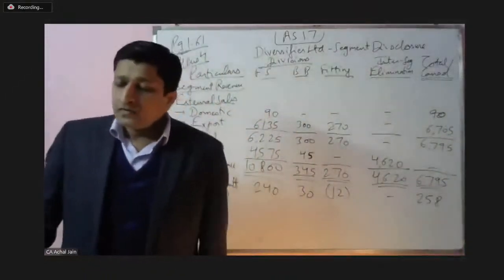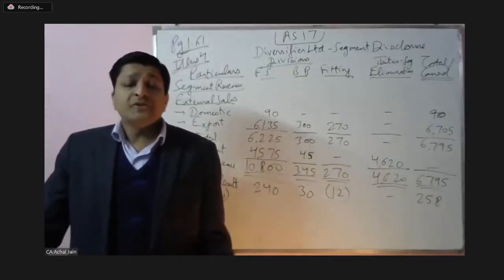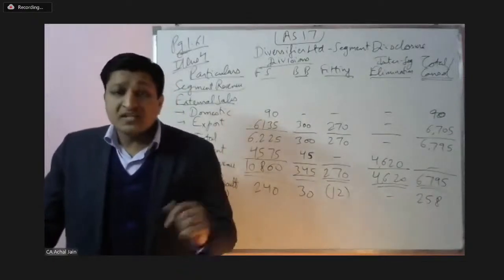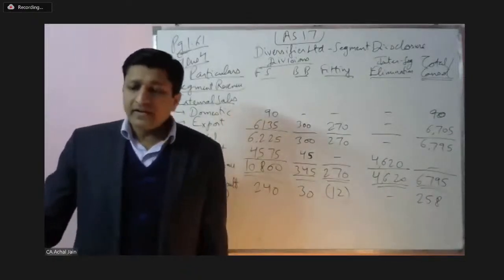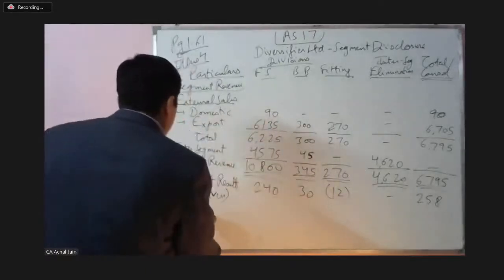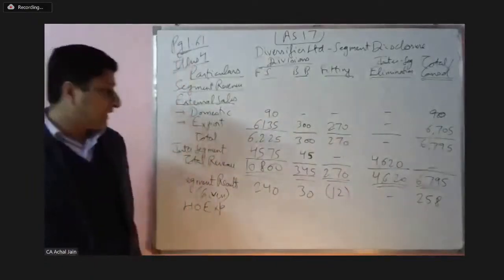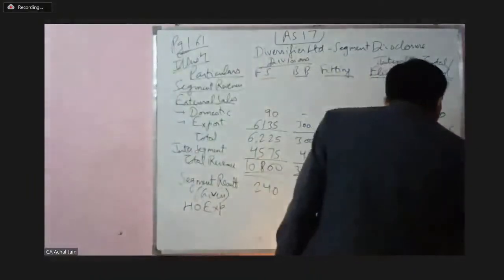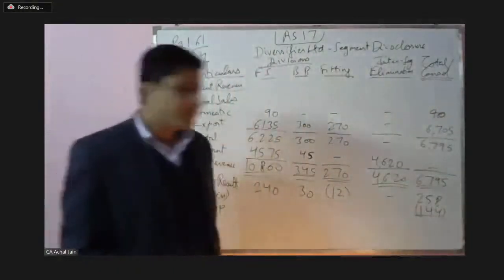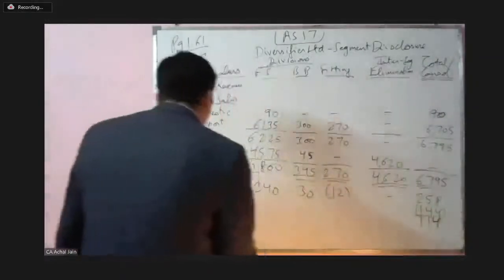Now, there are certain expenses which though do not relate to the segment, but still those are part of the expenses of the entity, HO expenses. So we will have to cover that. HO expenses, where do we take them? Over here in the total amount. So we exclude that. What do we get? 114. 114 will be what? Operating profit.